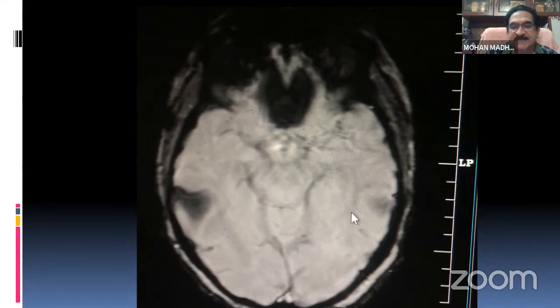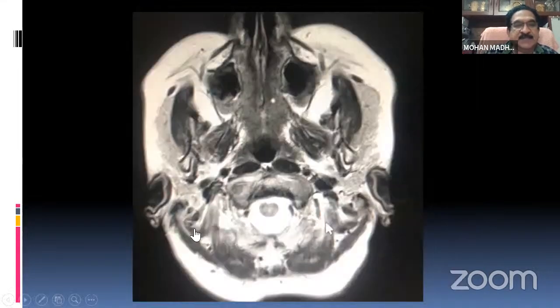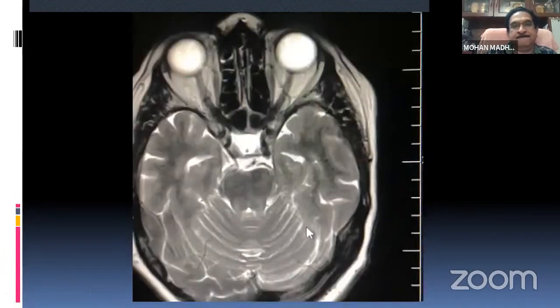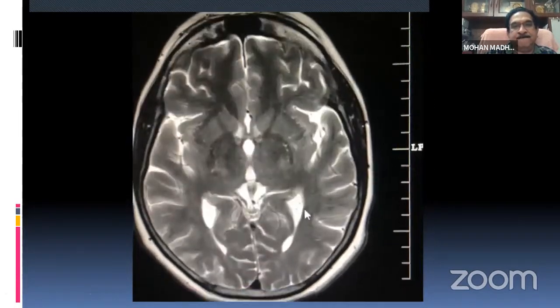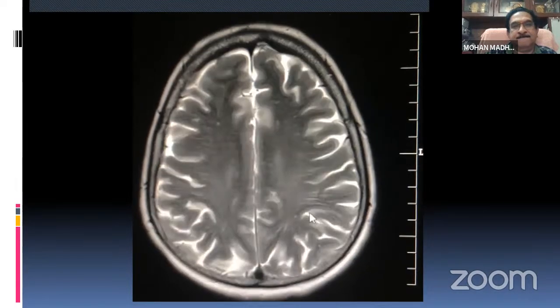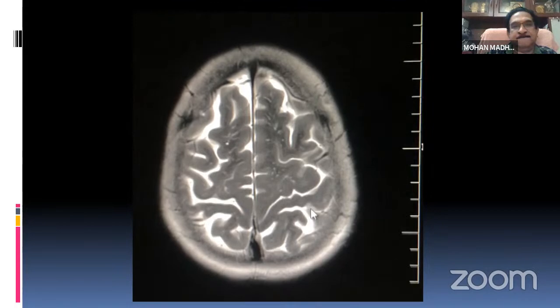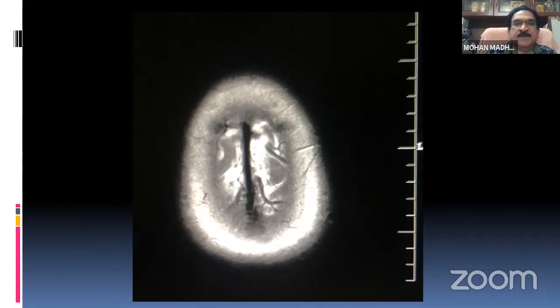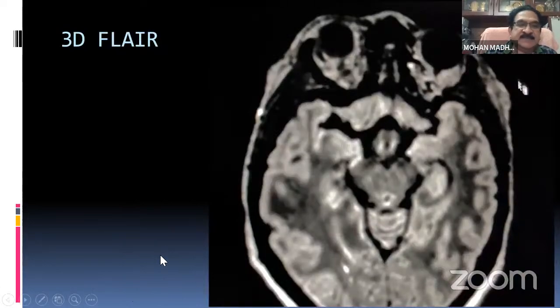I think this is a gradient sequence. Now let's see the T2. Looks normal.